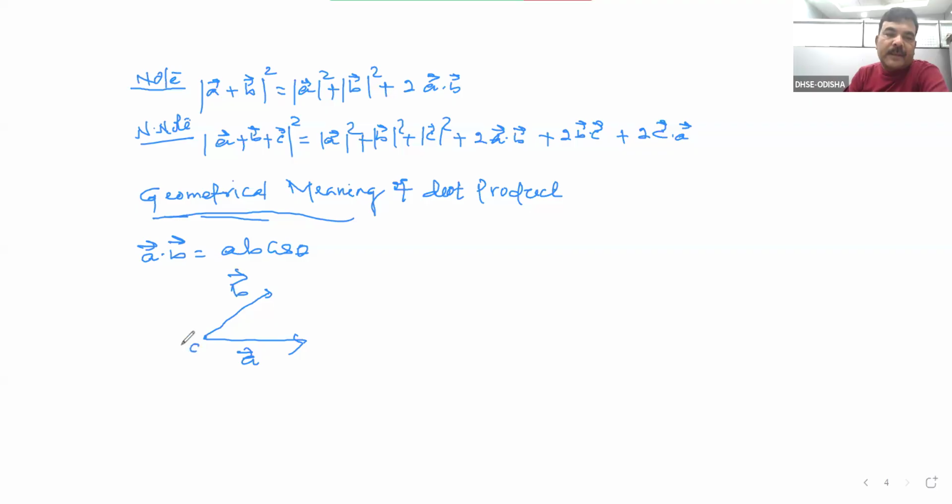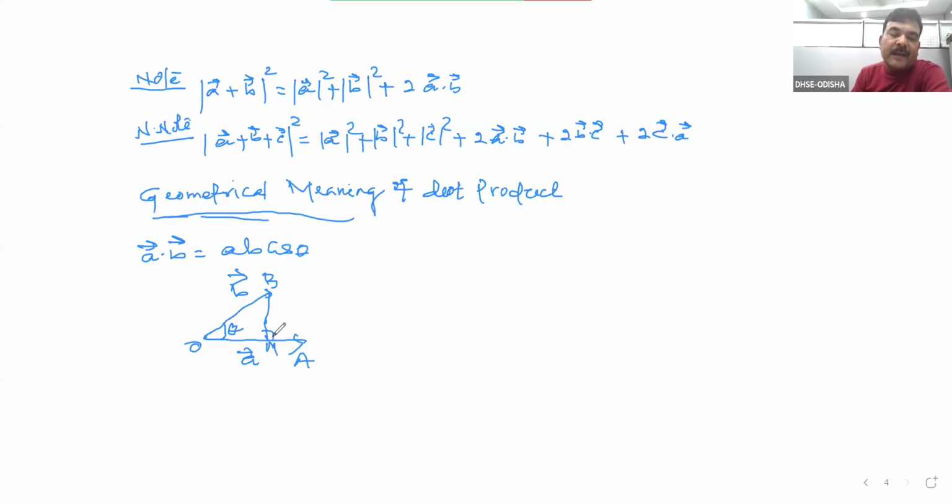So we are dealing with three vectors. Let it be origin O, this point A, OA is the vector A bar and OB is the vector B bar, and theta is the angle between the two vectors A and B. Let us drop a perpendicular from point B upon OA. Let BM be the perpendicular, M be the foot of the perpendicular drawn from point B upon OA.